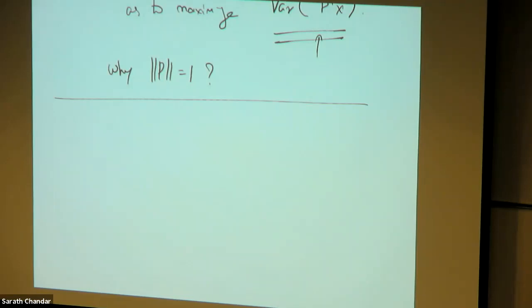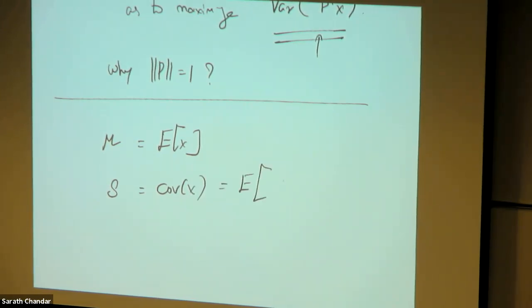To do that, we need to define a couple of things. Let's take the original data X and let mu be the mean of this data. Mu is the expected value of X. Similarly, let S be the covariance of the data, which is defined as the expected value of (X minus mu)(X minus mu) transpose.